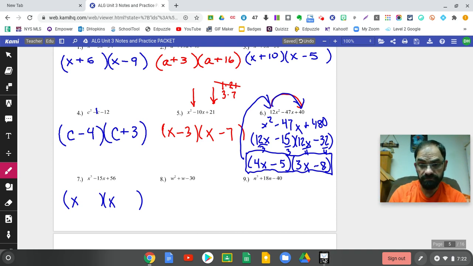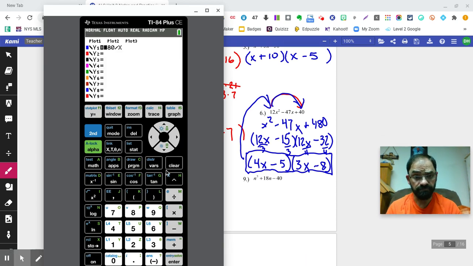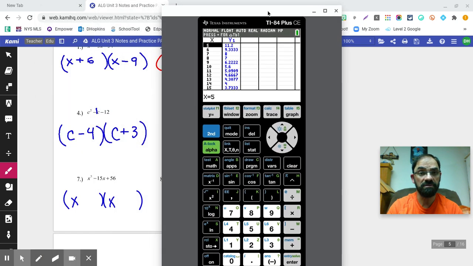I think it's frozen. Oh, there it is. So we go to y equals, clear it out. We did say it was 56 divided by x. And second table, there's my table.